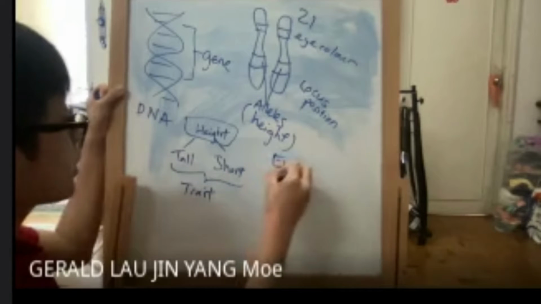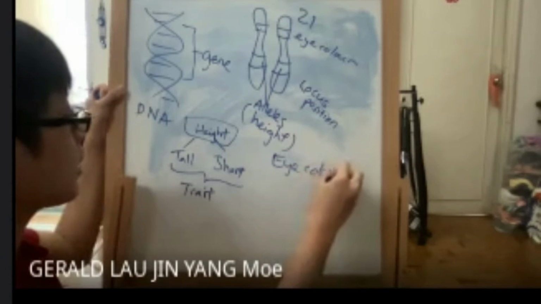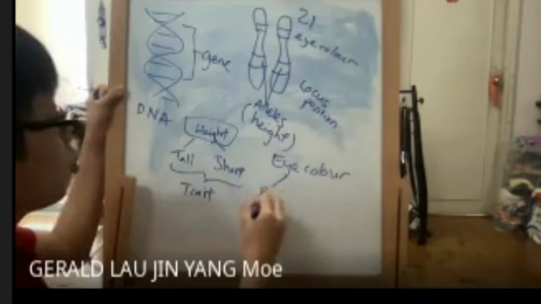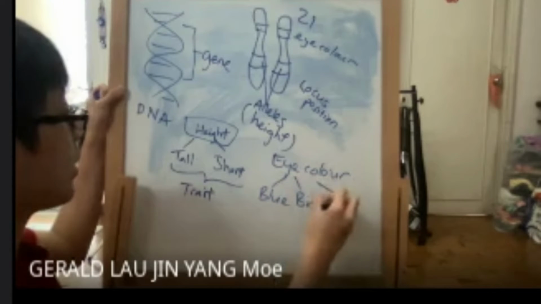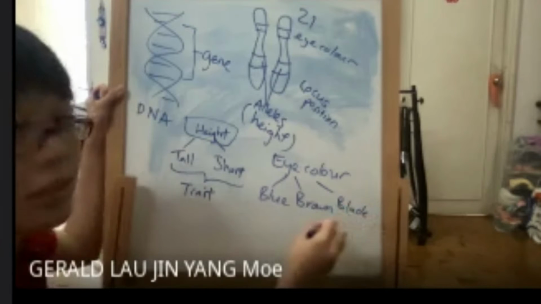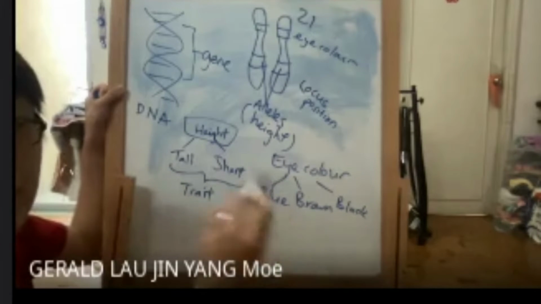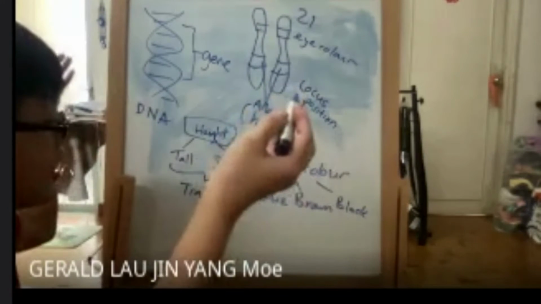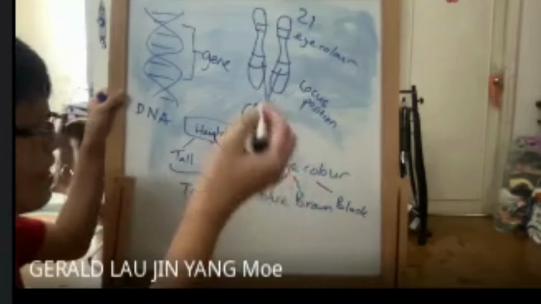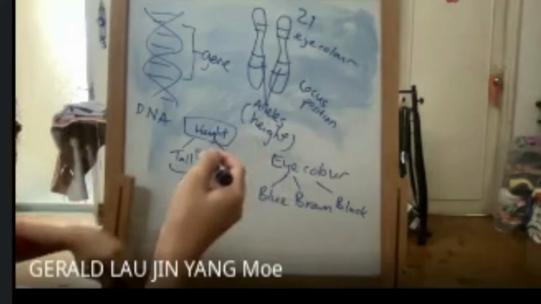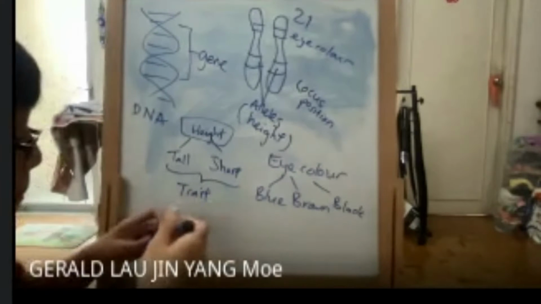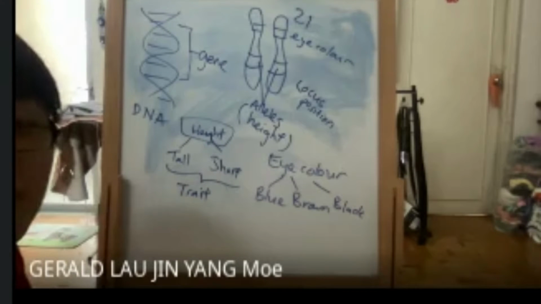Eye color, for example. Eye color is characteristic. Trait can be what? Blue, brown, black, and so on. Understand? Yeah, dwarf. Yeah, green, whatever. Can you all suggest another characteristic and their traits? What else you all want to suggest? Okay, hair.